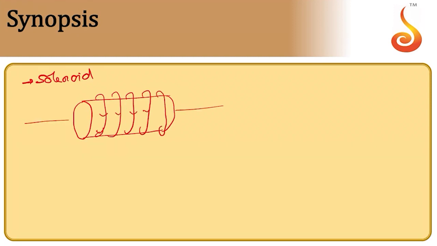Now, if it is magnetic field somewhere inside, for example, this is the point, and assume that this angle is theta 1 and this angle is theta 2, then the magnetic field is given by mu naught n I divided by 2 into (cos theta 1 minus cos theta 2).